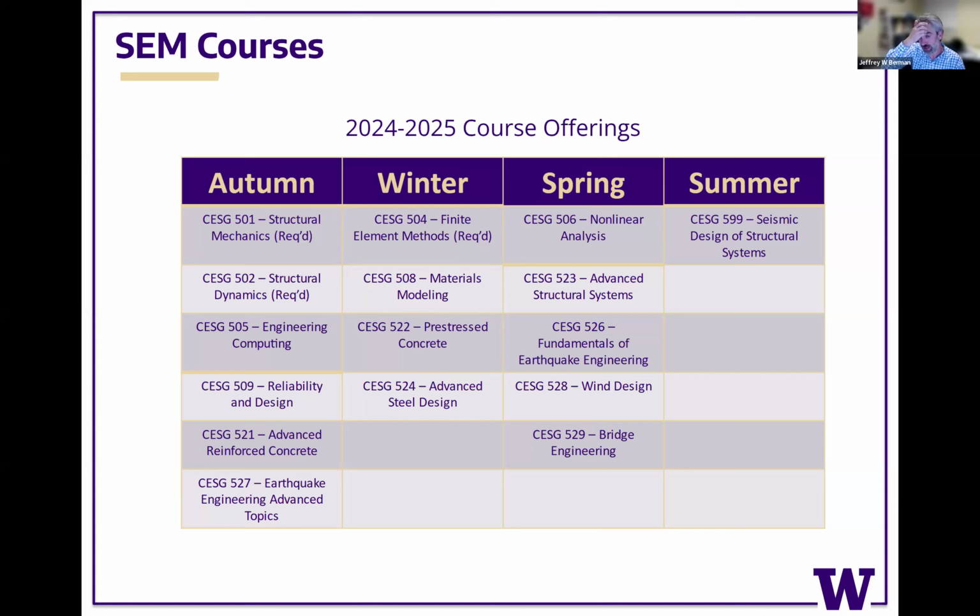And then we have been offering, I think it's going to stay in the summer, but I'm not 100% sure about that, one of our earthquake engineering courses that sits between Earthquake Engineering 1, 526, and Earthquake Engineering 2, which would be 527, this advanced earthquake engineering topics.